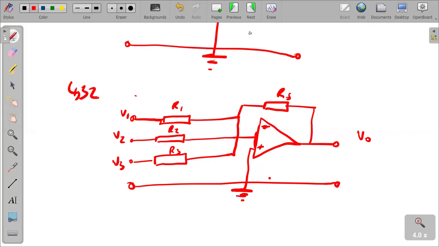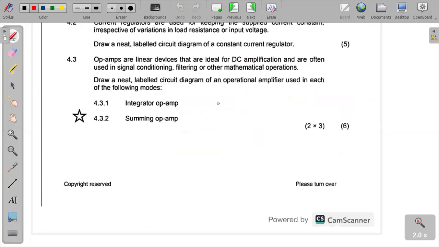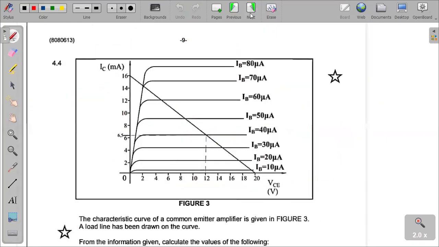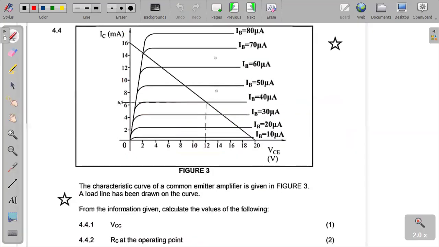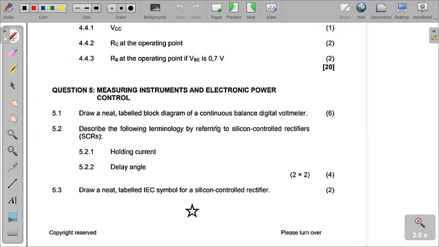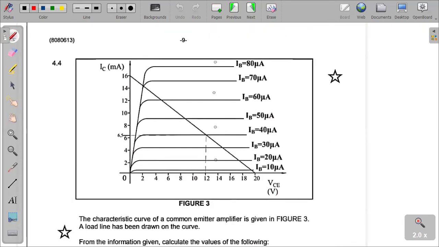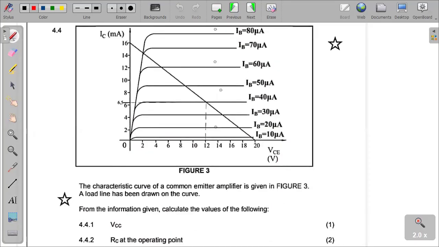Let's quickly go to the next question. The next question was saying, question number 5. No, 4.4 actually. 4.4 is saying the characteristic curve of a common emitter amplifier is given in Fig 3.